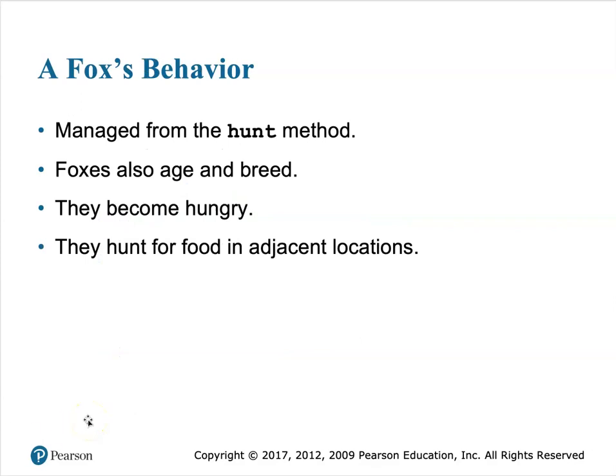Its main action is hunting as the predator in the simulation. But foxes also age, they also breed, and they become hungry, and they hunt for food in locations that are adjacent to them. So we have some additional constraints on the way a fox behaves here.